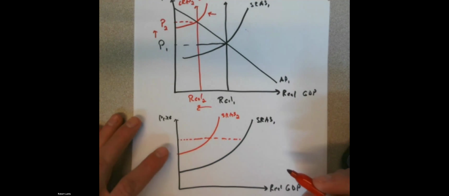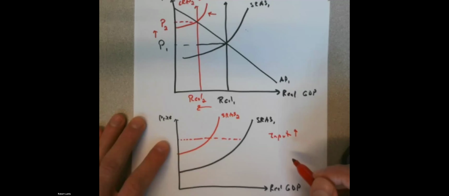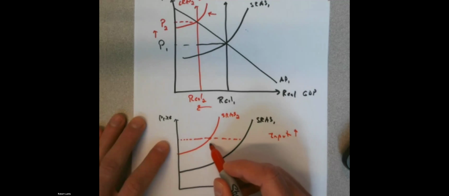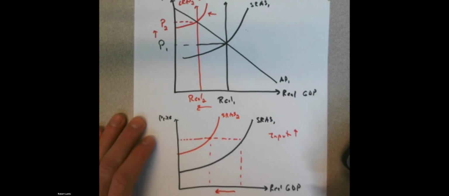Well, if input prices go up, then at the same price level that I'm selling my product for, I'm generating the same revenue, but all the units I'm producing are now more costly, so I actually want to supply less. So when my input prices increase, that decreases my short run aggregate supply. The price stays the same. So at any given price level here that I'm looking at, because it's more costly to produce this good, I'm going to want to supply less.